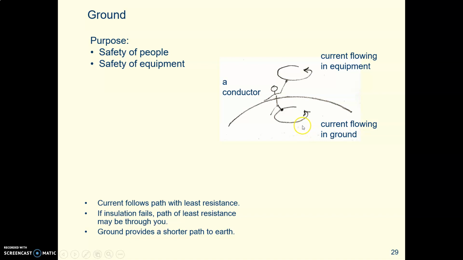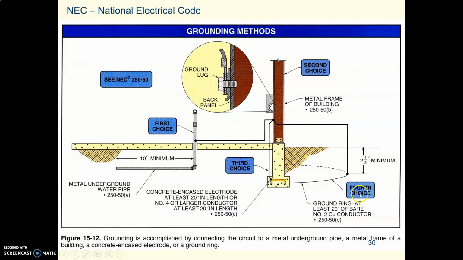You don't want that. That would be bad. So a ground is a copper wire that gives the current a direct path to the surface of the earth, and it's an easier route than going through you, so the current will flow through that and not through you. Or alternately, it will not flow through your equipment and blow something up.